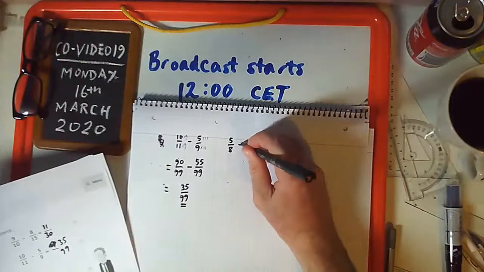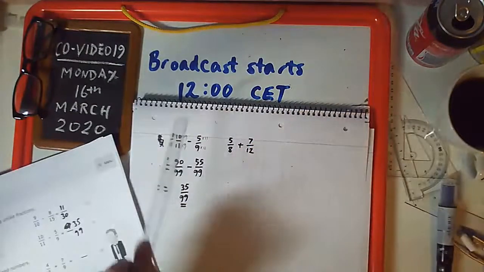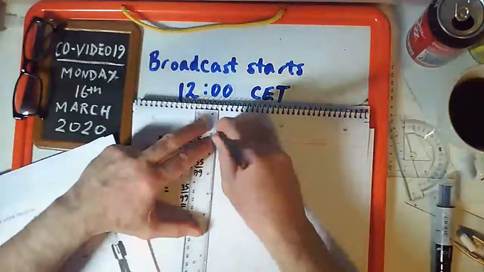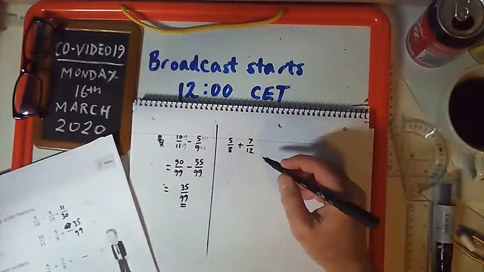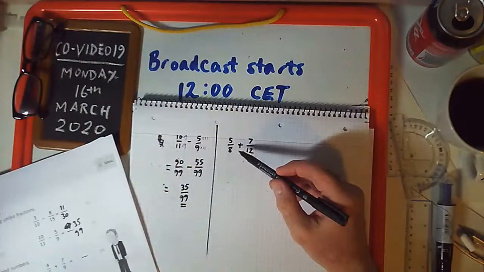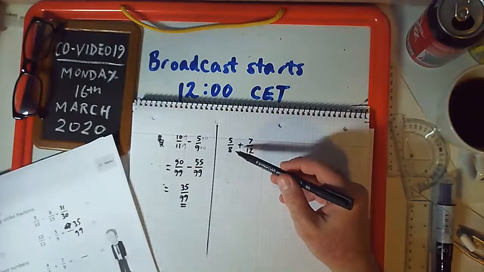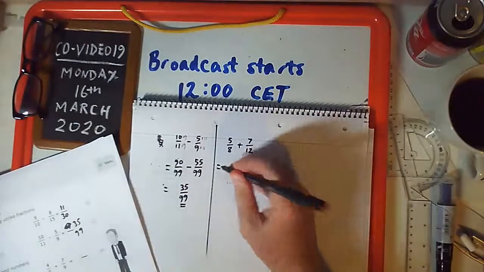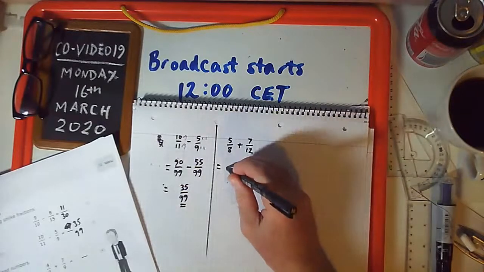Okay, so 5/8 plus 7/12. Let me just separate this off with a nice neat ruler this time. That's a lot better. Okay, so let's think of numbers that 8 and 12 go into. So 8, 16, 24. Yeah, so I can write both of these out of 24. We had one with 8 and 12 before, didn't we?